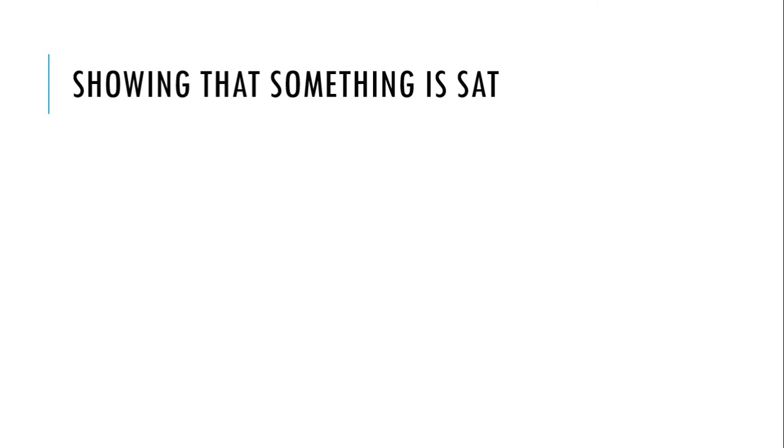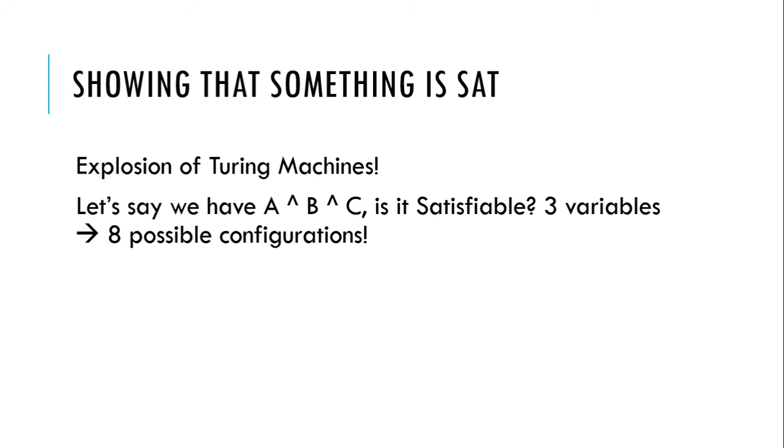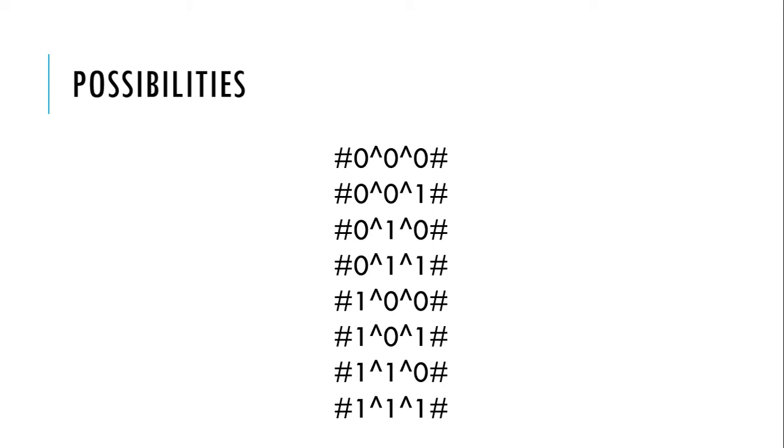So how do we show that something is SAT? Basically, we will have an explosion of Turing machines at the end of the day. Let's say we have A and B and C again. How do we know this is satisfiable? Basically we'll have a power set. It will be 2 to the 3, so 8 possible configurations. And going through all the possibilities basically means we brute force everything until we get the truth value or return true.